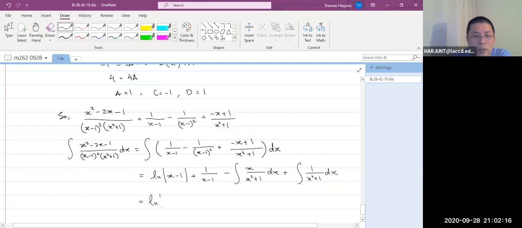With some little substitution, the third term can be done easily: 1/2 natural log of x squared plus 1. And the last one here is tangent inverse of x. Plus a constant.